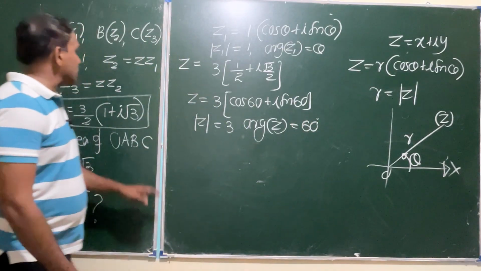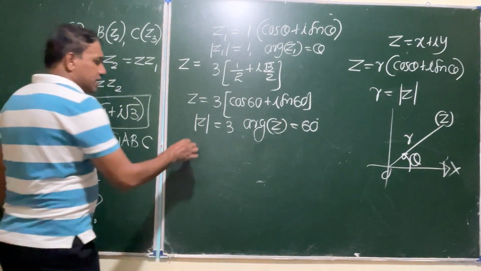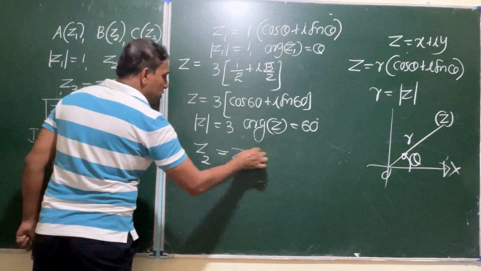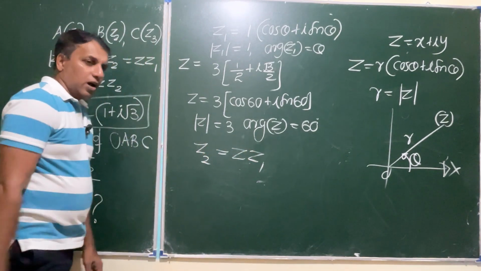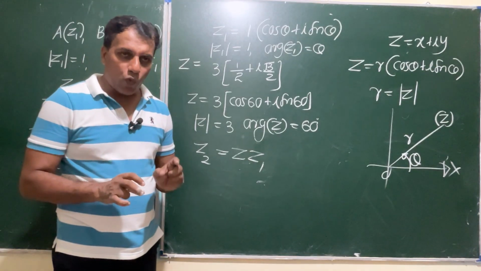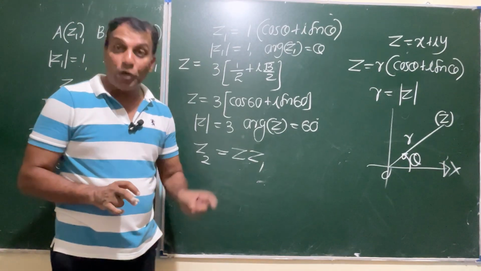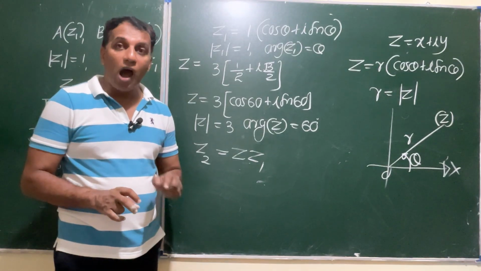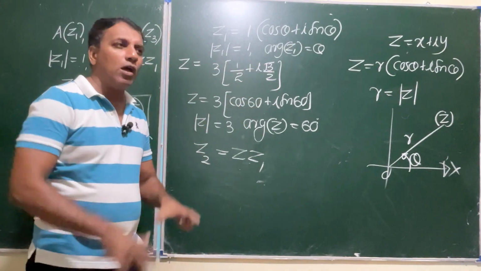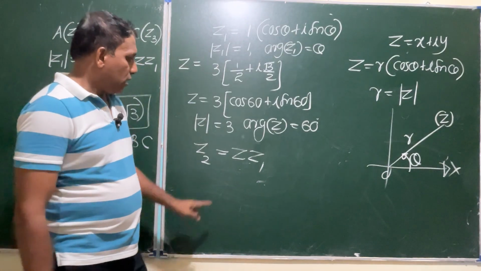And then we come back to find Z2. See, Z2 is Z into Z1. I need all three complex numbers, especially their modulus and their argument. Then only can we properly trace them on the Argand diagram. That's called the complex plane, right?